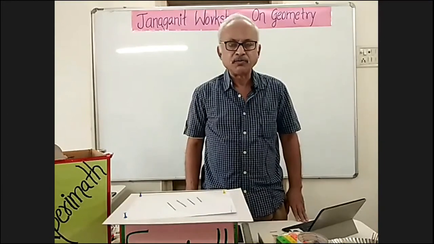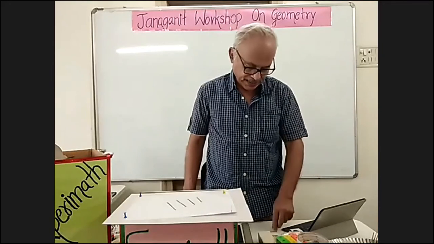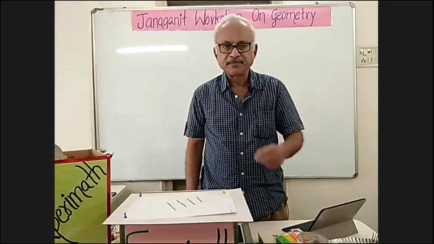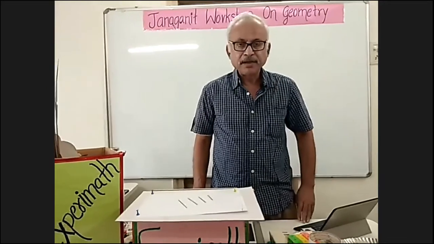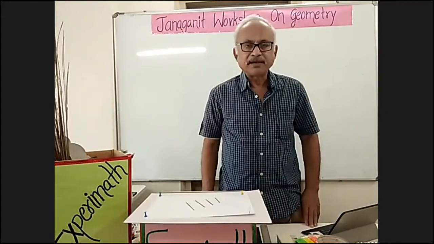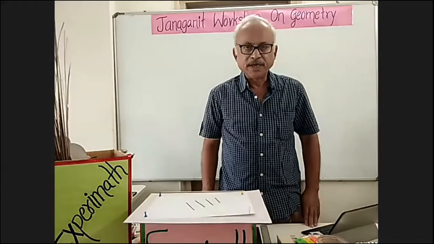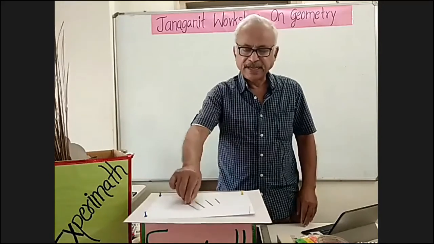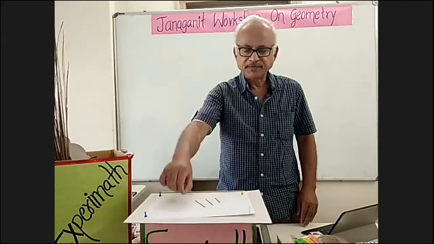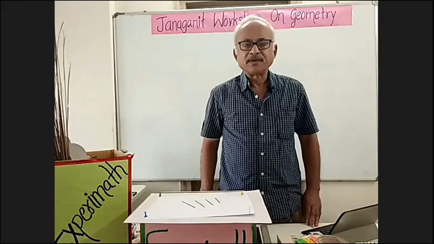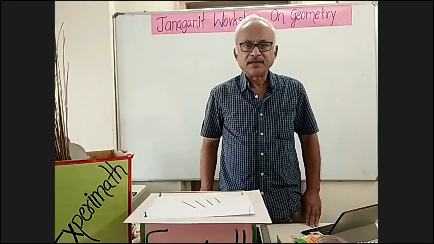We found out how to make a triangle using these stick line segments of different lengths. From there, we went on to make a triangle in two ways. One way was using these stick line segments, and the other was by using a compass and scale.